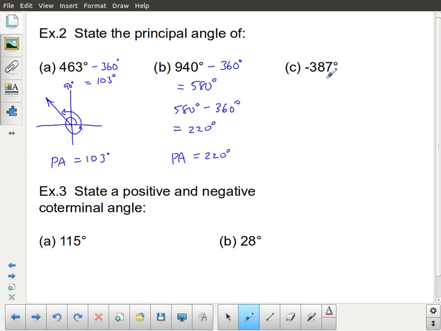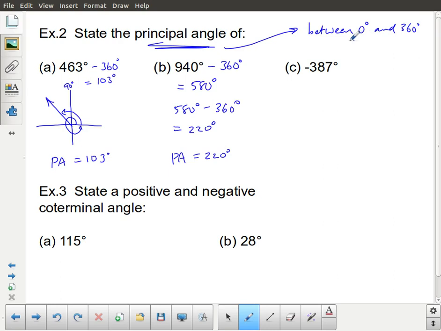Now, negative 387, we want a principal angle. And principal angles, just to remind you, are between 0 degrees and 360 degrees. And this is a little bit misleading. I'm going to actually use our set notation.